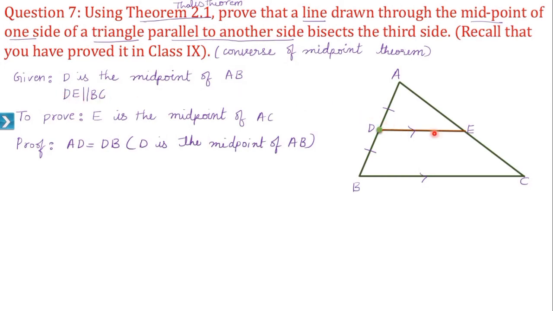Now DE is parallel to BC. So sides AB and AC are divided in the same ratio. DE parallel to BC, it is given.